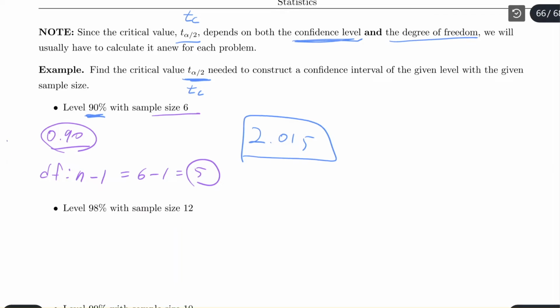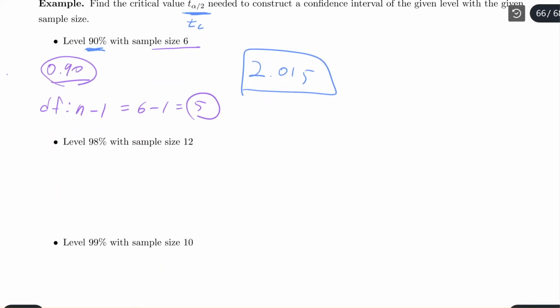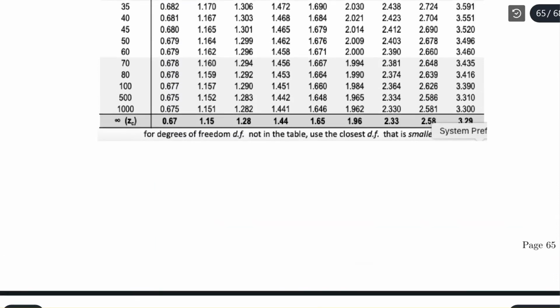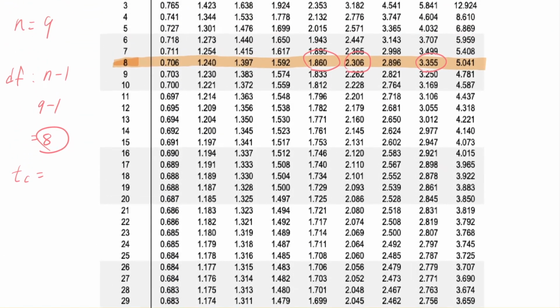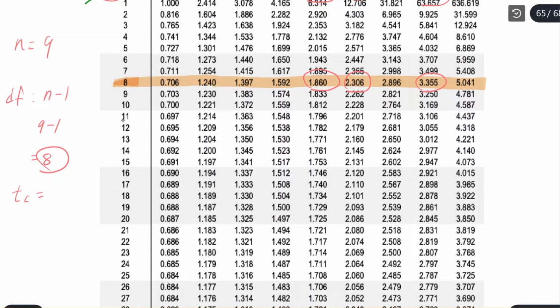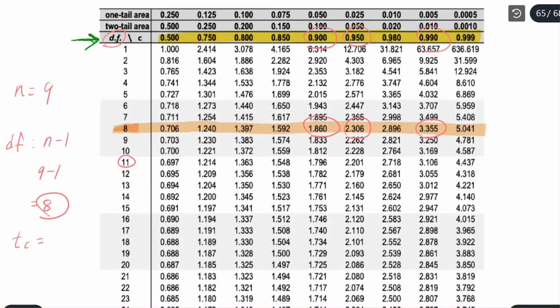So let's try the next one. Level 98% with sample size 12. Well, 98%, 0.98, and degrees of freedom is 12 minus 1, which is 11. So we need to look at 11 and 0.98. Let's go to the table that I wrote here. 11 is right here, and 98% is right here.